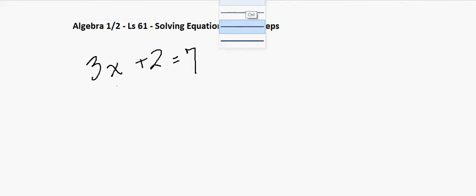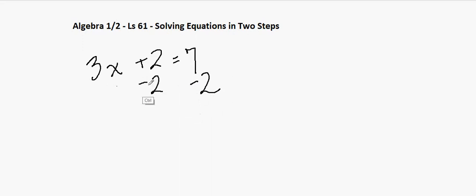Eliminate any added or subtracted constants from the variable side. This is the variable. Let's get rid of the added constant. And to subtract 2 from one side, I have to subtract 2 from the other. Now, I don't have to try to subtract 2 from this. I just subtract 2 from here, and that's legal. And here. So I can write 3x. That's a lot prettier than what I had before by trying to start with division.